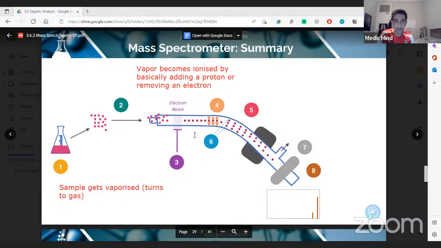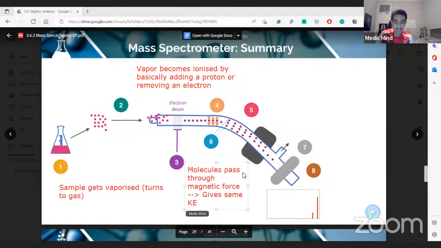At step 4, what we're doing is we're basically deflecting. So we're passing it through a magnetic field. It's basically a magnetic force. So molecules pass through the magnetic force. This gives the same kinetic energy. That's the idea, so that molecules all have the same kinetic energy.